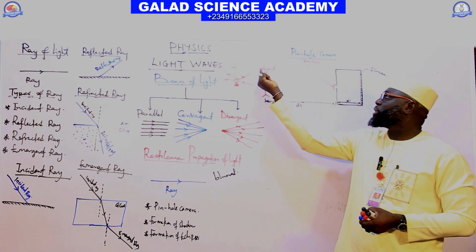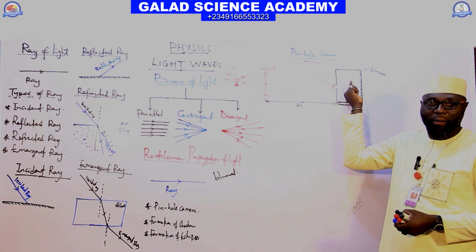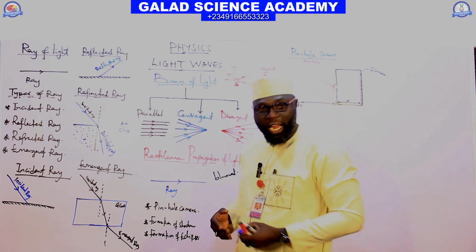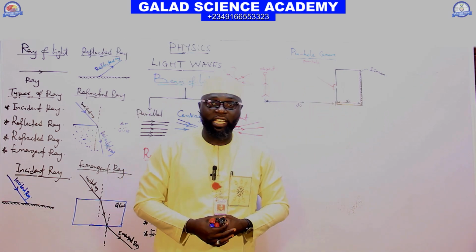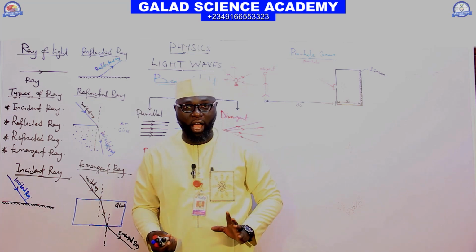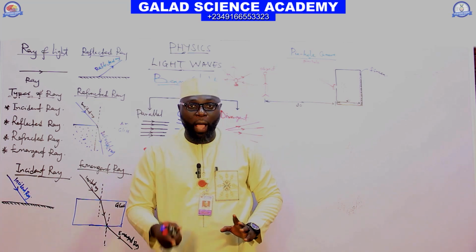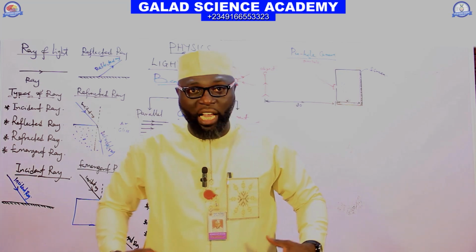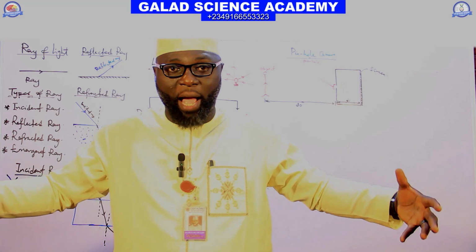So the size of the image in the pinhole camera also depends on the distance between the object and the camera. Okay, let me use this class as a case study. Assume I'm the object and this is the camera in front of me. When I'm moving closer to the camera, my image is bigger.